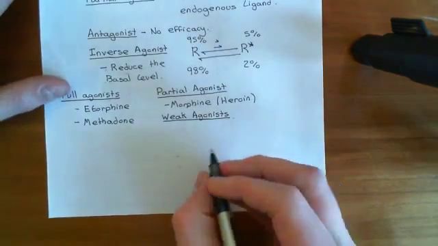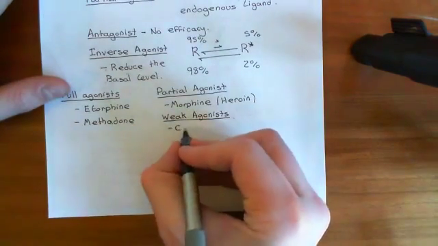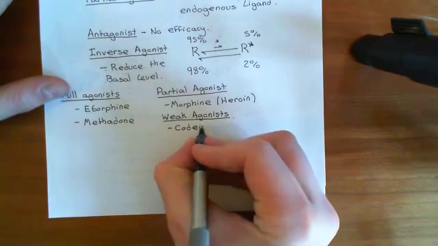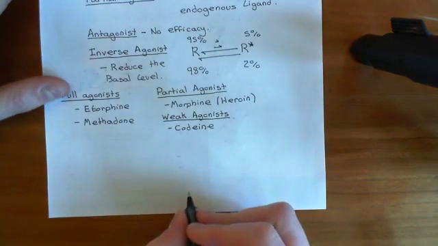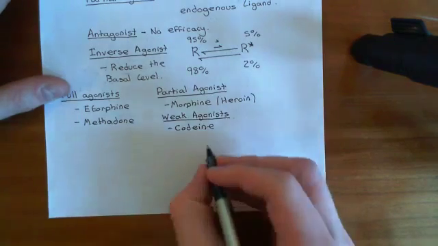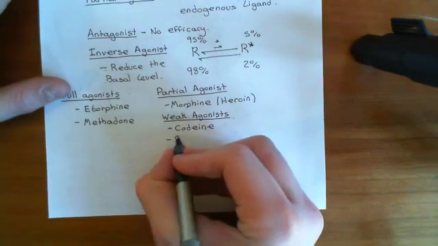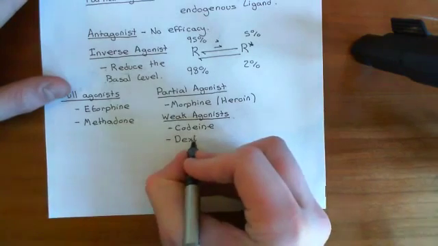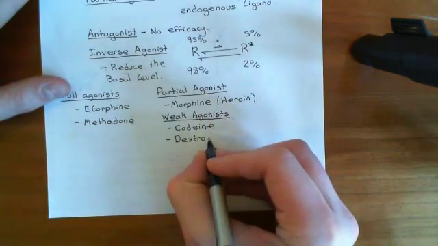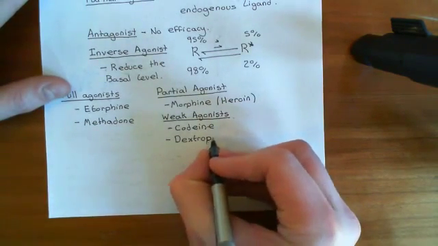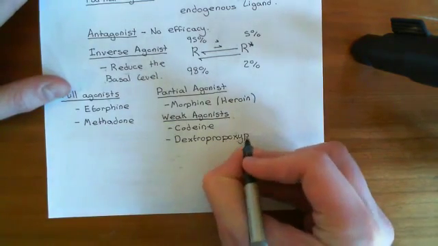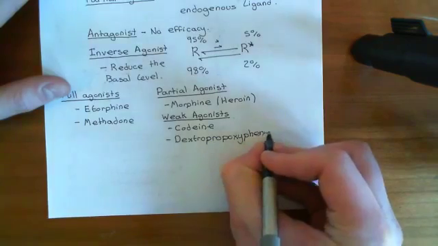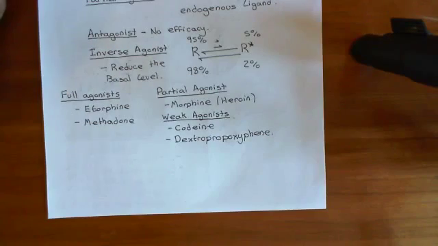Examples are the drug codeine, which is an over-the-counter painkiller, and another example is dextropropoxyphene, which is another example of a weak agonist at mu-opioid receptors. Right, okay, so those are weak agonists.